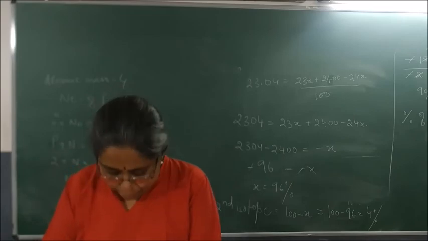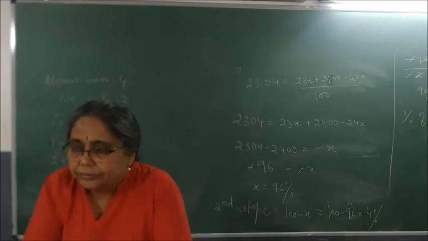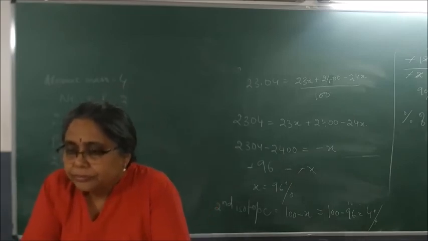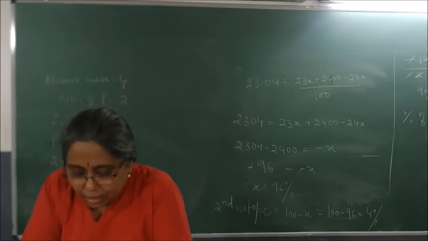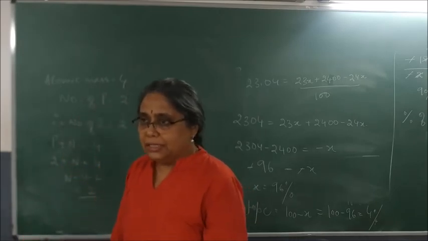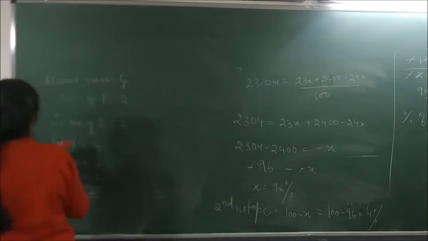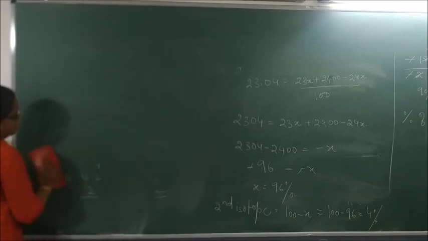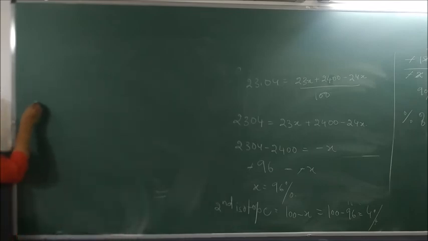Write the distribution. Come to page number 50. Write the distribution of electrons in carbon and sodium atom. Carbon: hydrogen, helium, lithium, beryllium, boron, carbon, so atomic number 6.